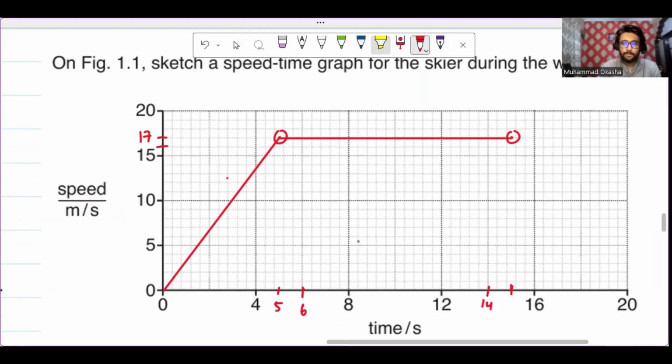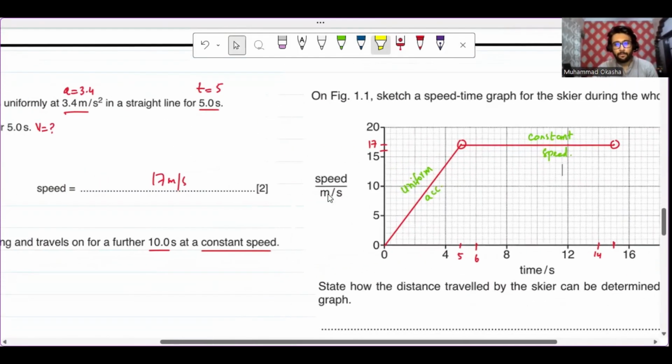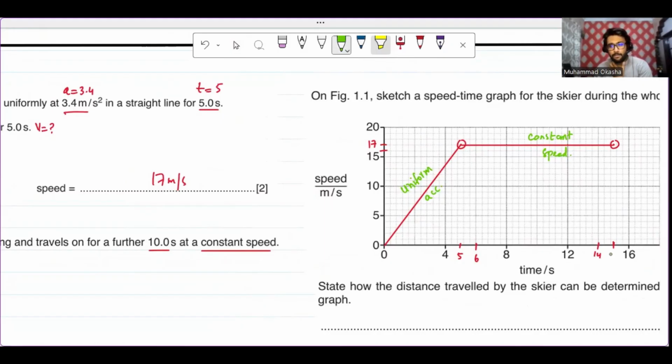Make sense? So this is the part where there is uniform acceleration, and this is the part where it is constant speed. Uniform acceleration for the first 5 seconds, and for the next 10 seconds, it is constant speed.